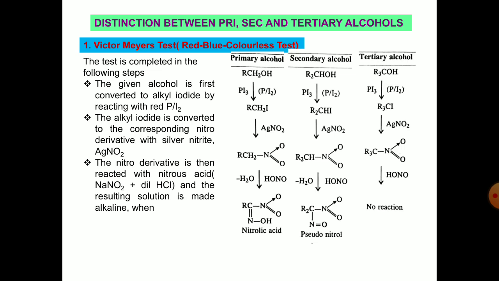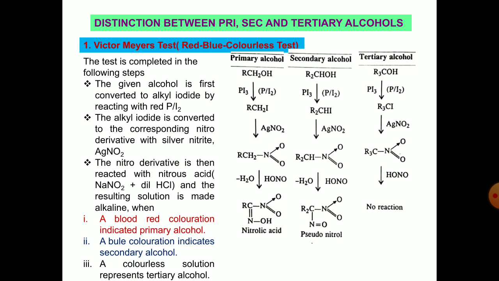Come to the right hand side. Since the carbon of the nitro derivative of the tertiary alcohol has no hydrogen atom, it will not react with the nitrous acid. So I have written no reaction. When it is made alkaline, what coloration is obtained? If this compound is given some sodium hydroxide, the primary alcohol gives a blood red color, so if we get blood red color, we can conclude that this compound is a primary alcohol.